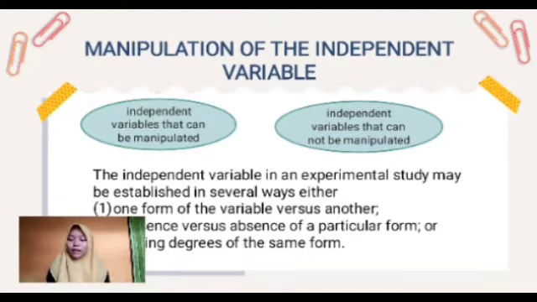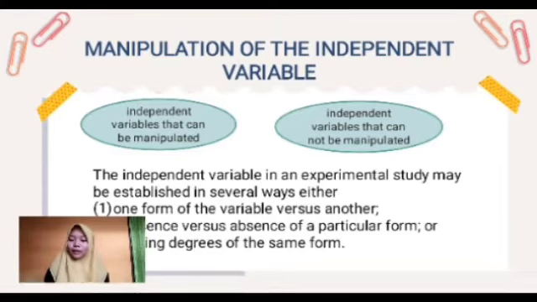Researchers can manipulate the kind of learning activities to which students are exposed in the classroom, but the researchers cannot manipulate the religion and also the age of the students. And then, to manipulate a variable, researchers must decide who is to get something and when, where, and how they will get it.